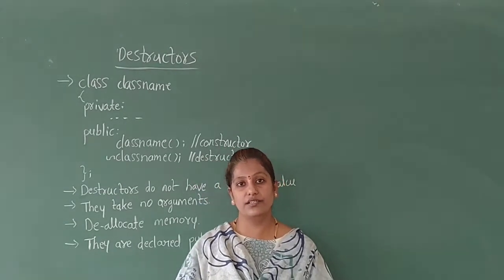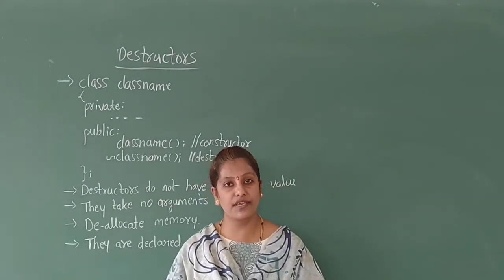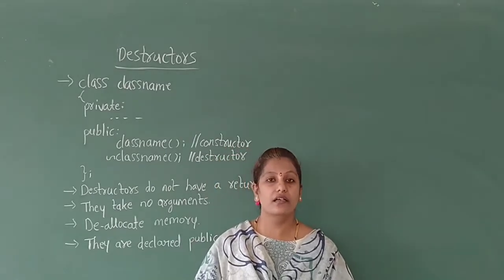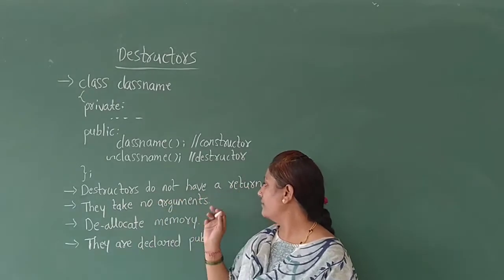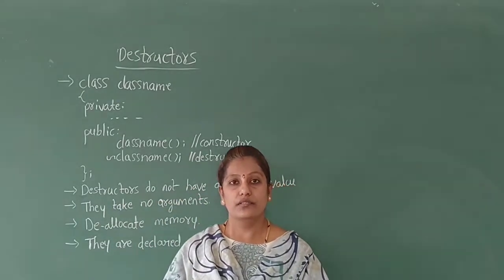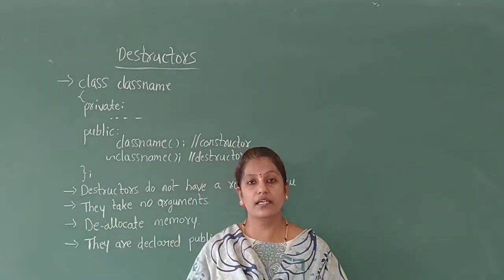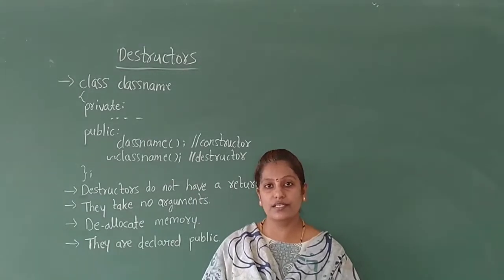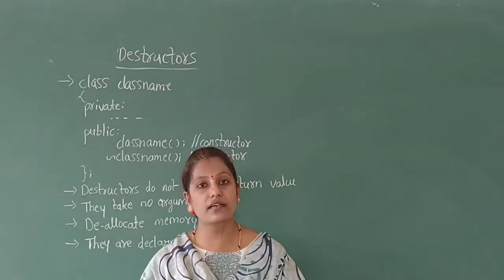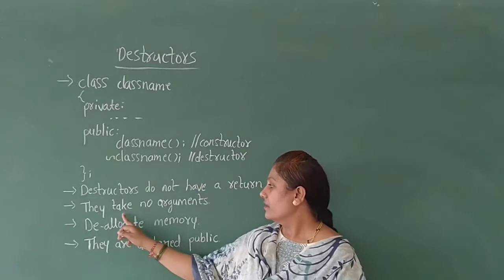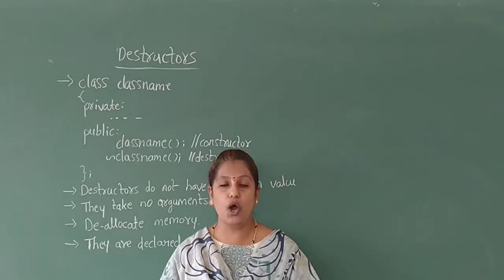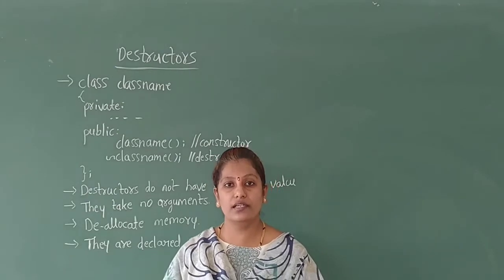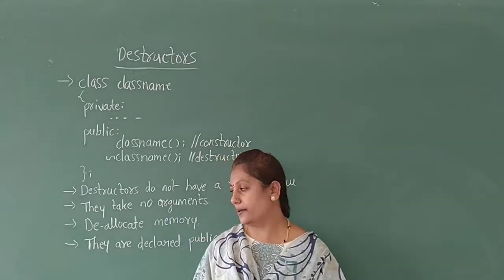The destructor is used to destroy the objects which are created by the constructor. Destructors do not have a return value, so they can never return a value. They take no arguments. Therefore, destructors cannot be overloaded.